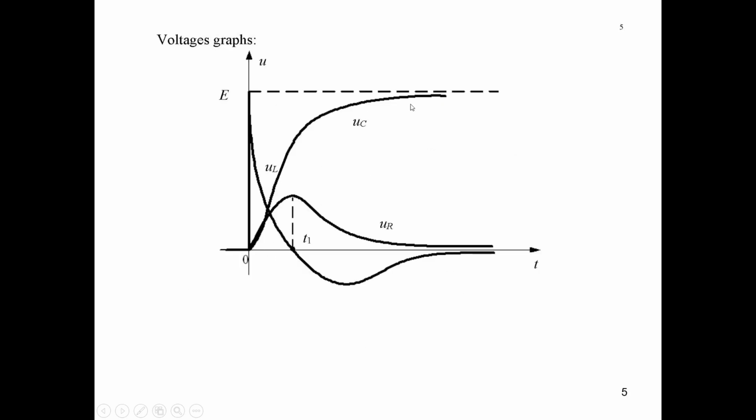It is this graph. If you use this condition, UR plus UL with minus, it will be just this graph of UC, and you can see this UC tends to EMF at t tends to infinity.